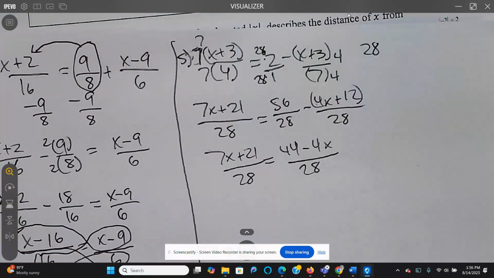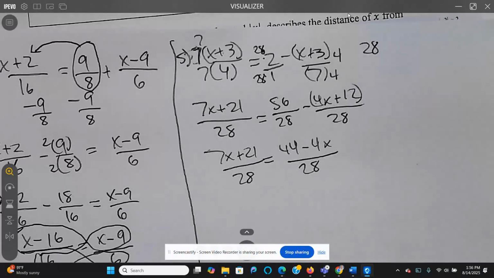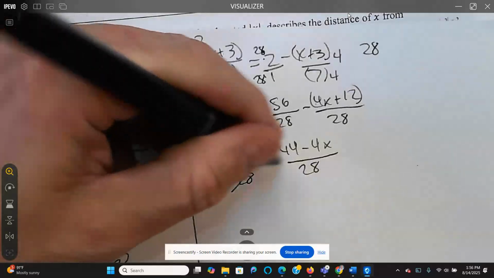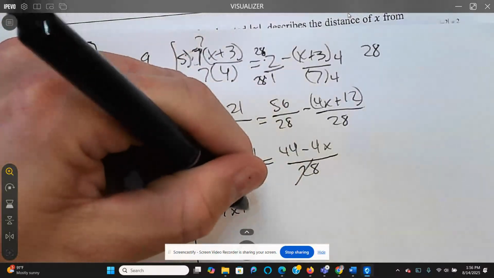Okay, so that gets you that. I think you might get a fractional answer again. So you have a fraction equal to a fraction with the same denominator, so you can cancel them.